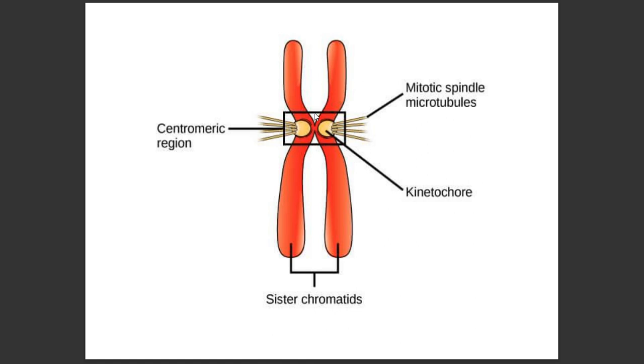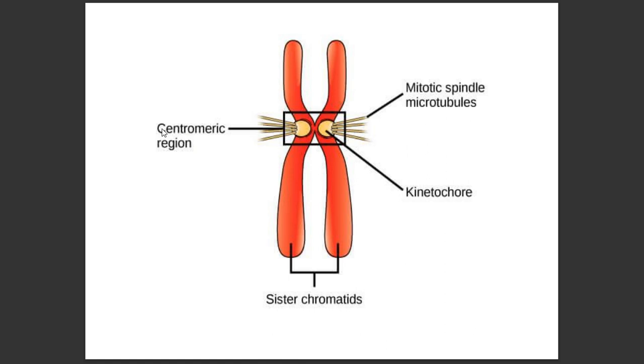So here, the top is the shorter arm, and the longer one is the lower arm. These molecules that join the sister chromatids together are called the kinetochore. The constriction point of joining is called the centromere, and the ends of each sister chromatid are called the telomere. Let's look at this.